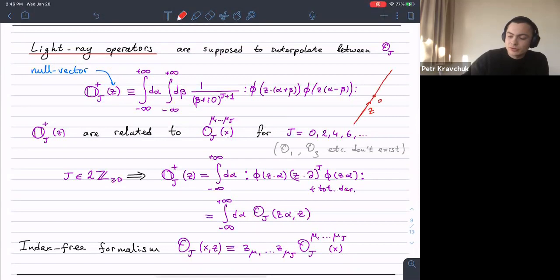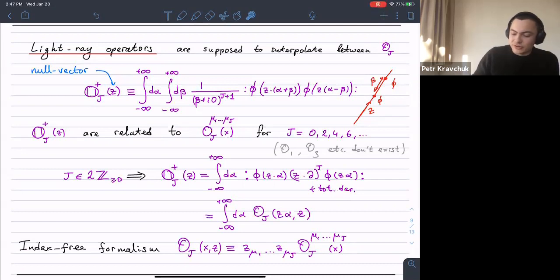Its two points have separation beta, and we have some wave function which depends on beta, and we're integrating over all possible insertions of phi along this null ray. So this is just some expression that you can write, and the reason why this expression is nice is that for integer spin, for integer j, it is related to these derivative operators that we just discussed.